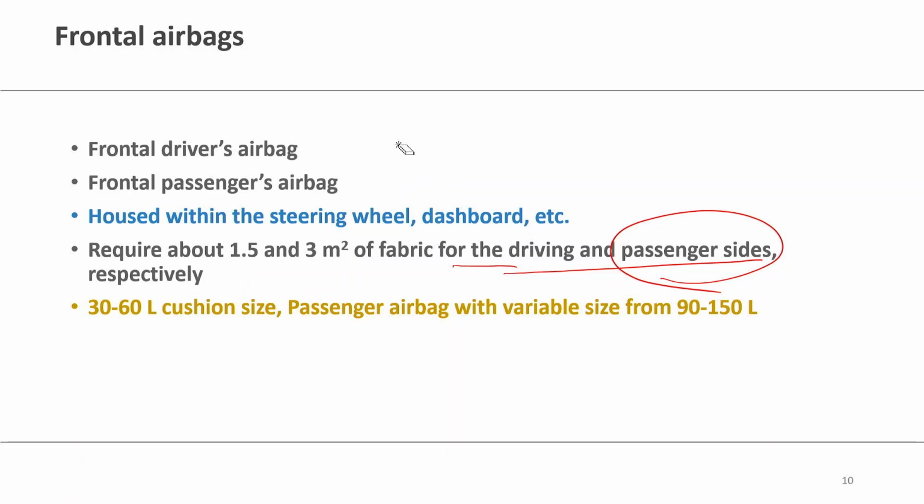The cushion sizes are 30 to 60 liter for the driver, and the passenger airbag is variable, 90 to 150 liter.